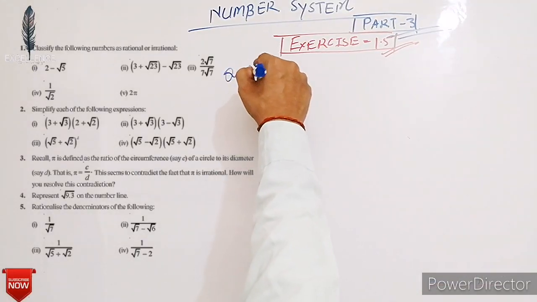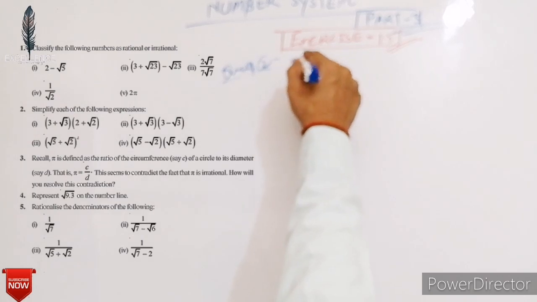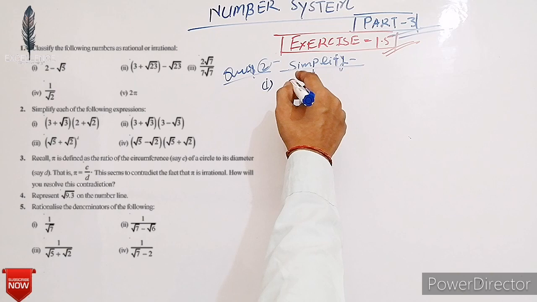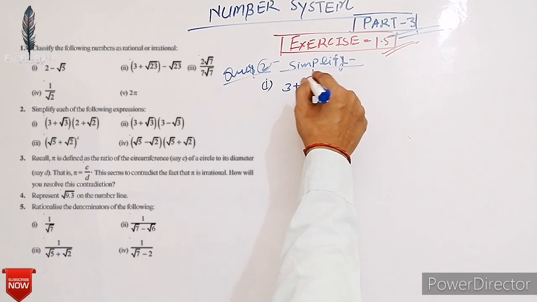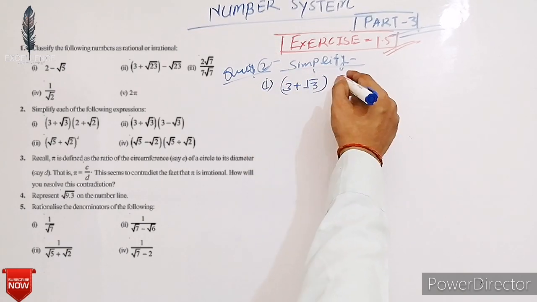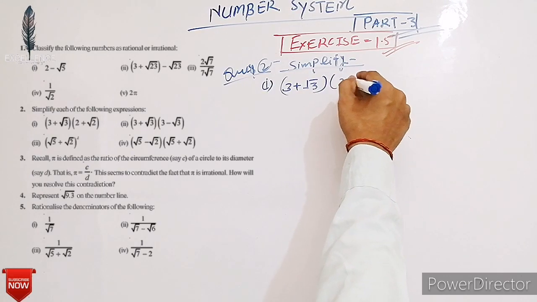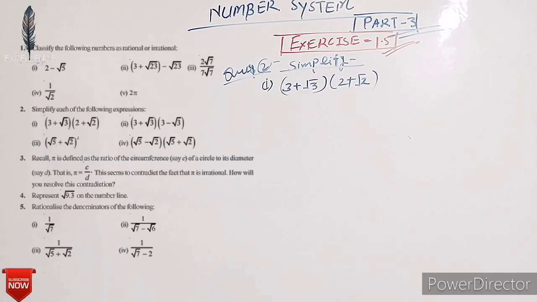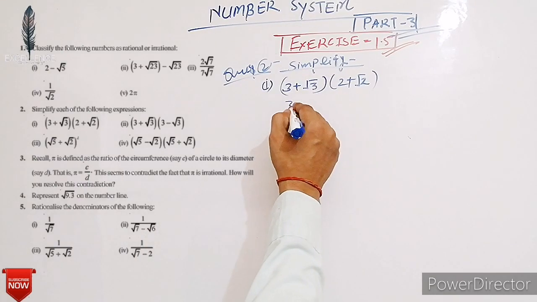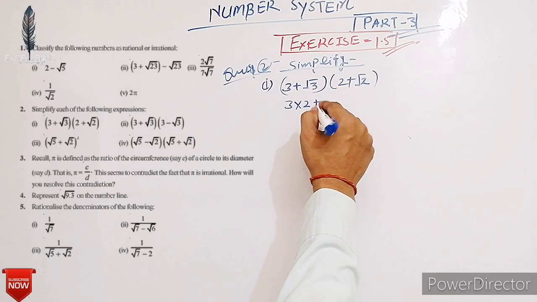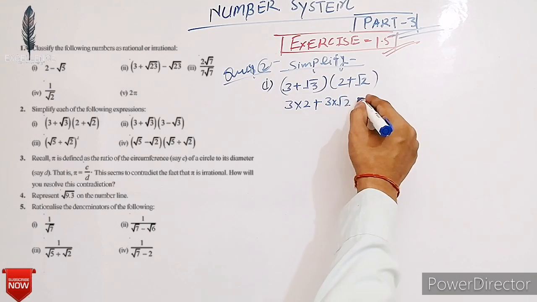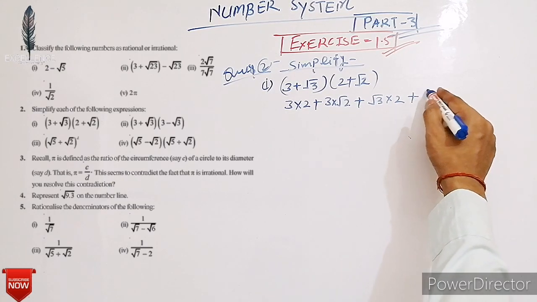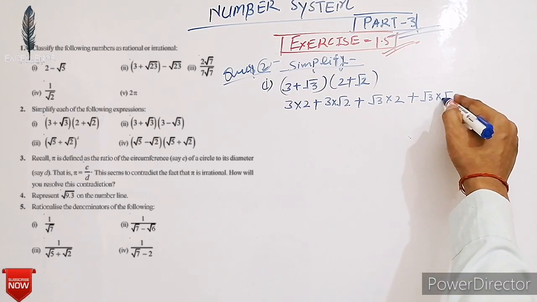So now question number 2, simplify each of the following expressions. 3 plus under root 3, here 2 plus under root 2. So firstly 3 into 2 plus 3 into under root 2 plus under root 3 into 2 plus under root 3 into under root 2.